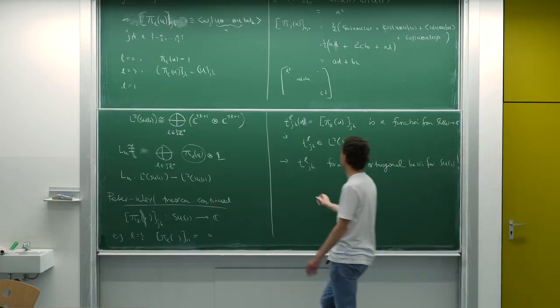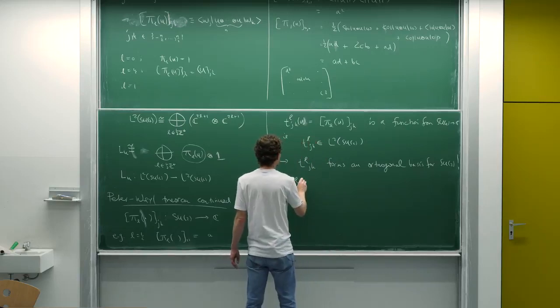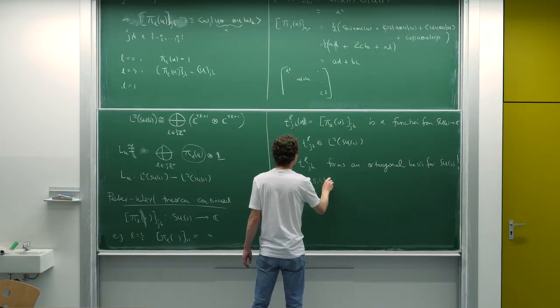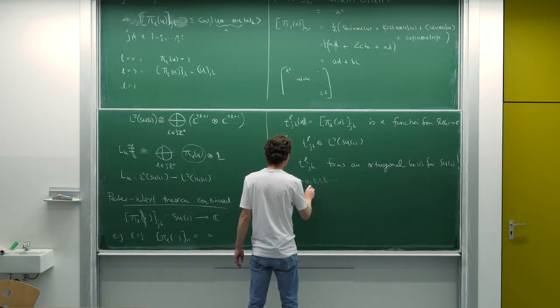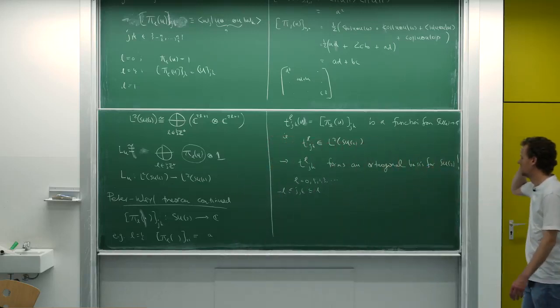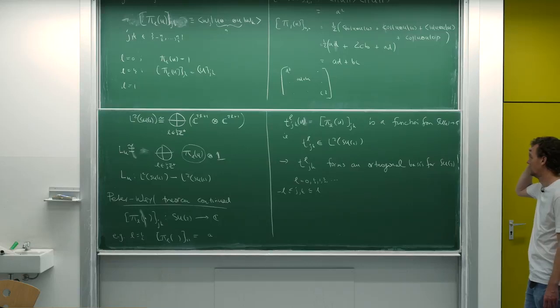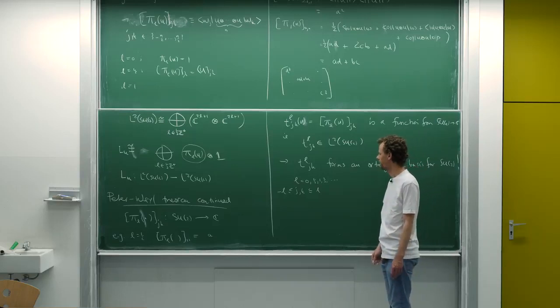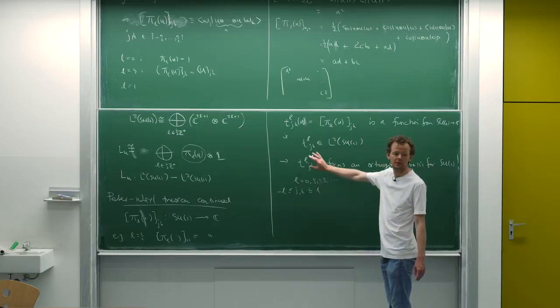This forms a basis, as L runs from 0, a half, 1, 3 halves, and j, k run between L and minus L. Okay, it's a list of functions.